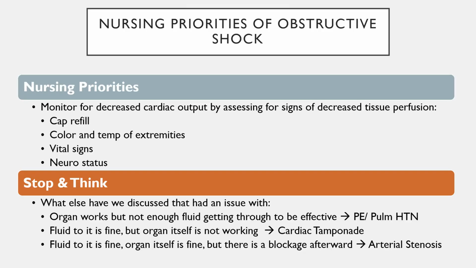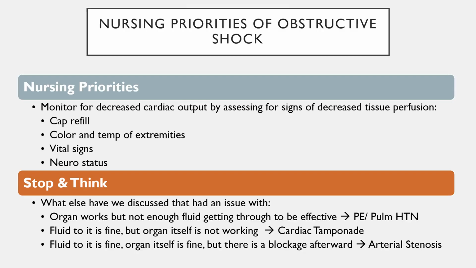So your nursing priorities. Monitor for decreased cardiac output by assessing signs of decreased tissue perfusion. How do we know? By looking at our patient that our patient is not being perfused. Their color, how they feel, like when you touch them, are they cold, are they hot? Are they mottling?